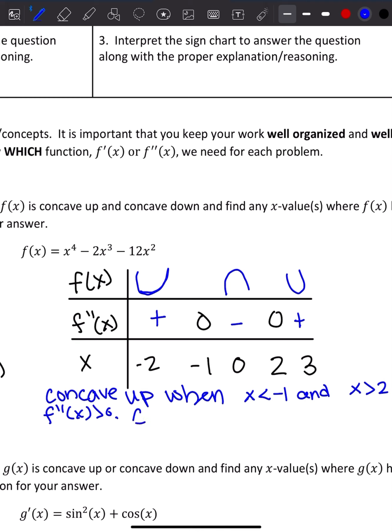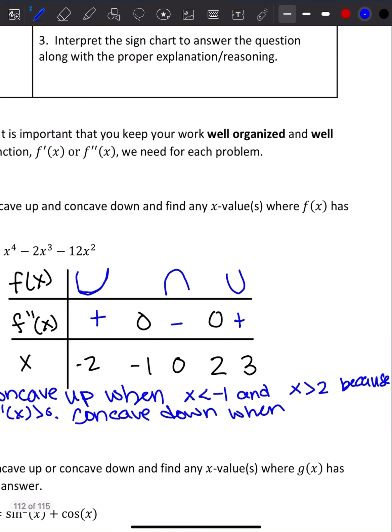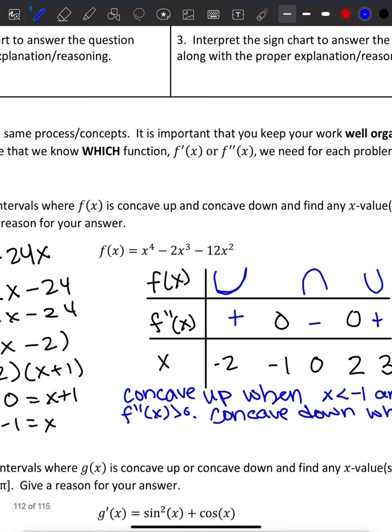We are concave down when we are between -1 and 2, because f double prime of x is less than 0.